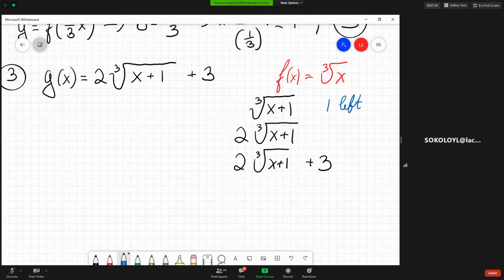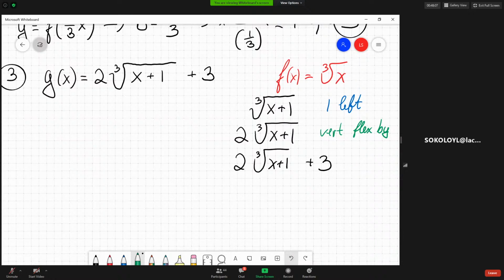The second step is you're going to apply a vertical flex by a factor of 2. Remember, vertical flex is not 1 over, it is that number. And then lastly, 3 up.